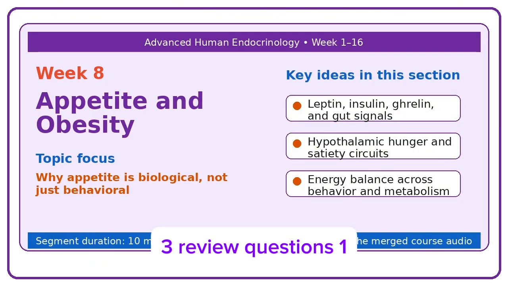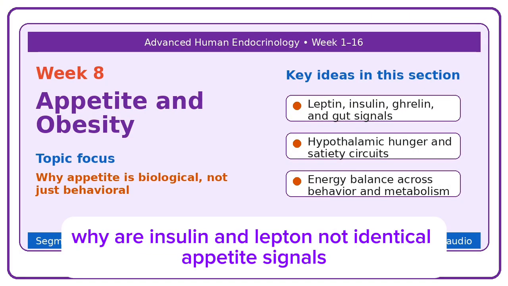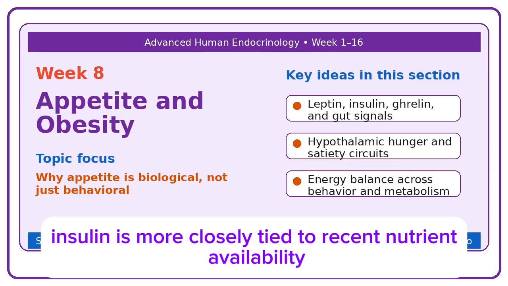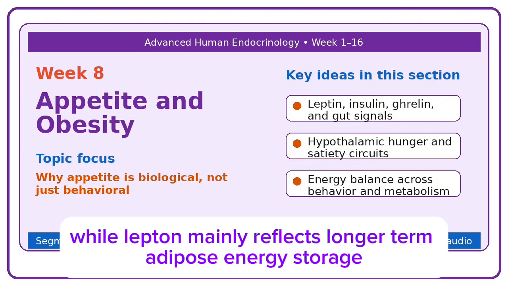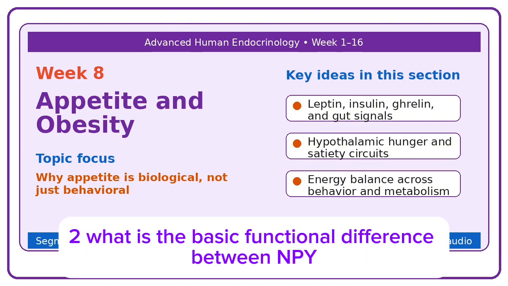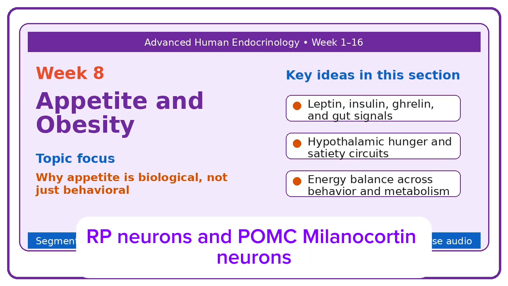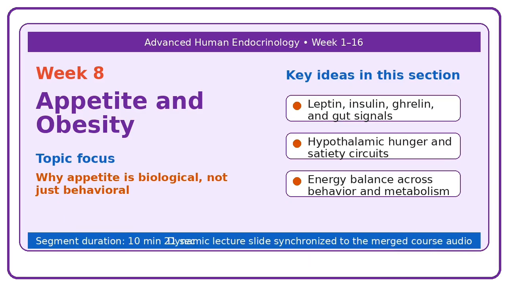3 review questions. 1. Why are insulin and leptin not identical appetite signals? Insulin is more closely tied to recent nutrient availability and metabolic state after meals, while leptin mainly reflects longer-term adipose energy storage. 2. What is the basic functional difference between NPY-AgRP neurons and POMC melanocortin neurons?